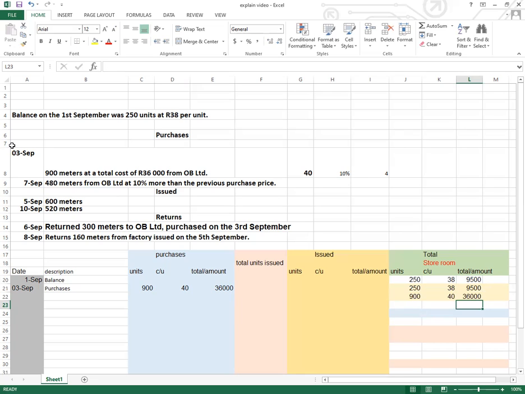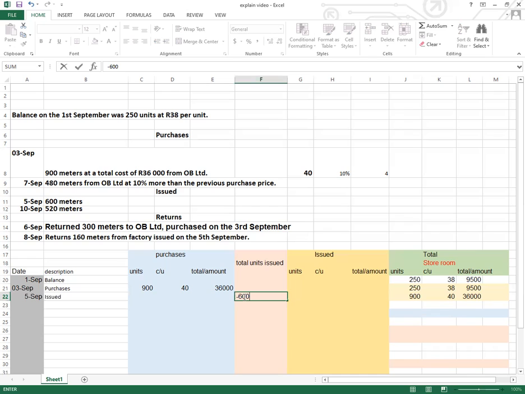From the 3rd of September we go to the 5th of September. Put your dates in order. And then on the 5th of September we issued 600 units.